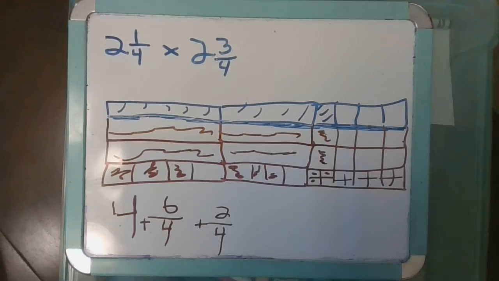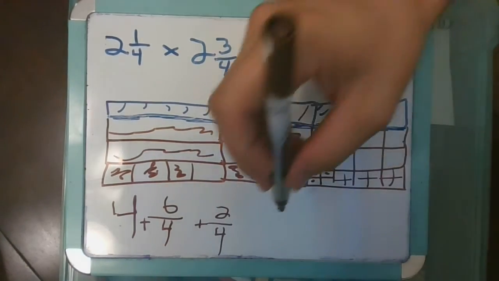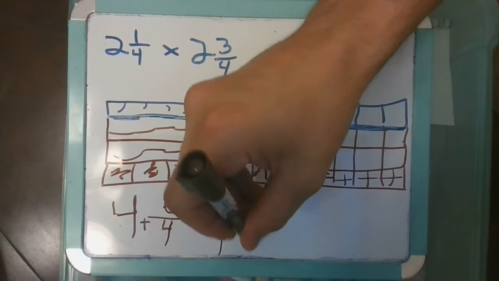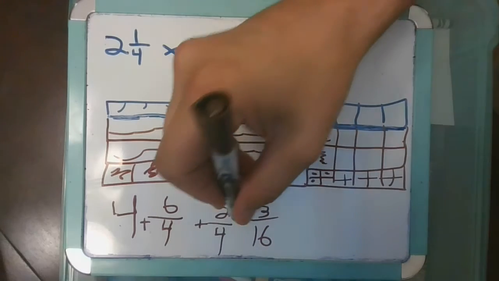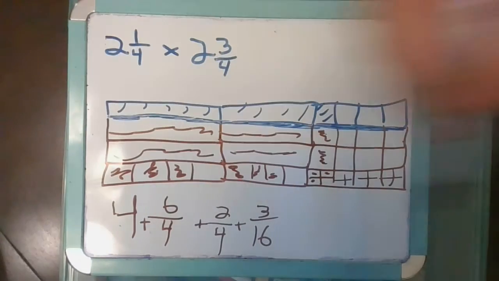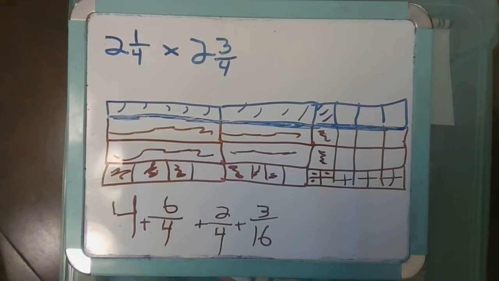Shame on me. All right, so when I look at this bottom box to see what I have, 1, 2, 3, and 4, 8, 12, 16 out of 16 boxes. So that's now what I'm adding together. Now, I got real lucky this time because when I add these together, it's going to make 8/4, and 8/4 is the same thing as 2. Normally, that doesn't happen.